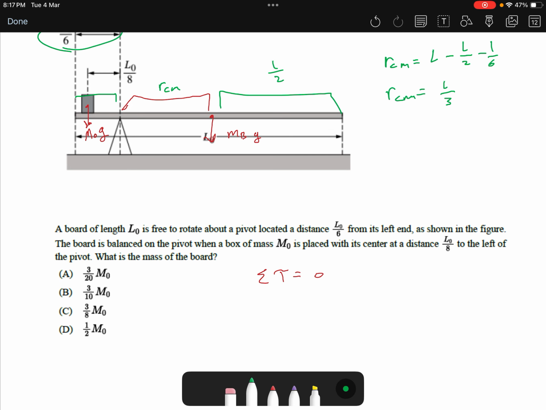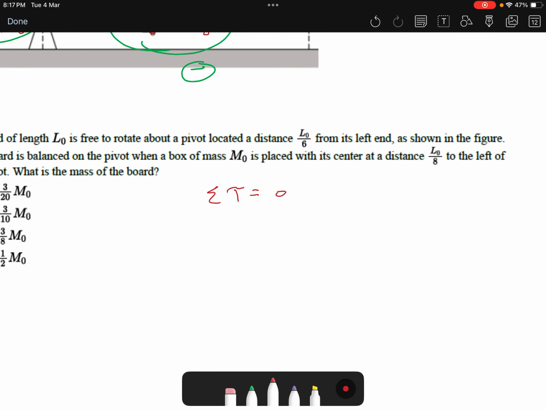Also we need to understand that the torque of the weight of the board is clockwise, negative. This one will give us positive torque because it's counterclockwise. So now let's substitute whatever we found. Two torques: M0 times G times L over 8. What is L over 8?